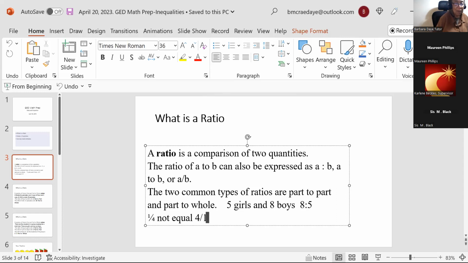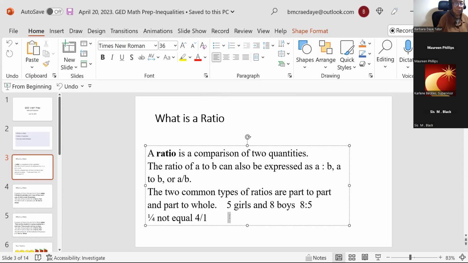Now, that's part to part. Now, if I said, what's the ratio of girls to the total? What would you say, Maureen? What's the ratio of girls to the total? Maureen, are you there? Yeah. What's the ratio of girls to the total?